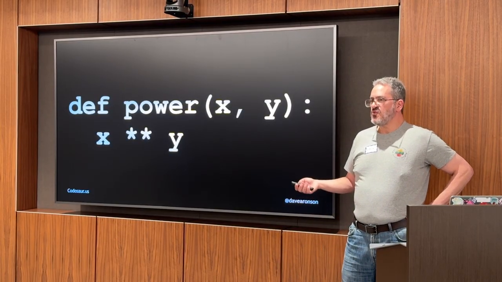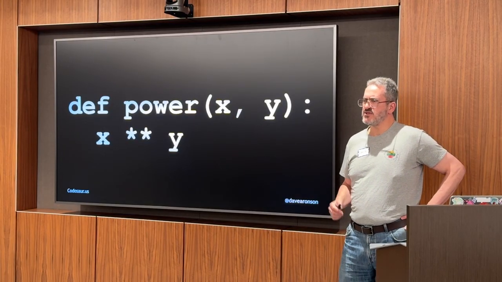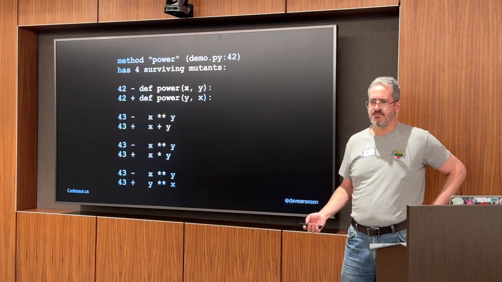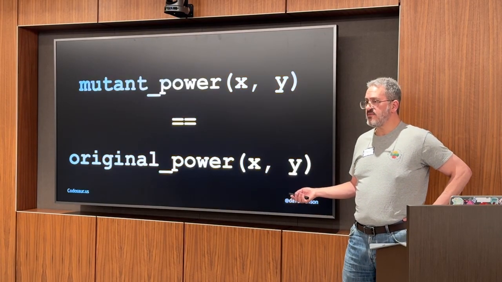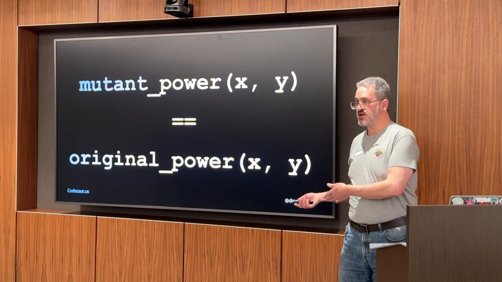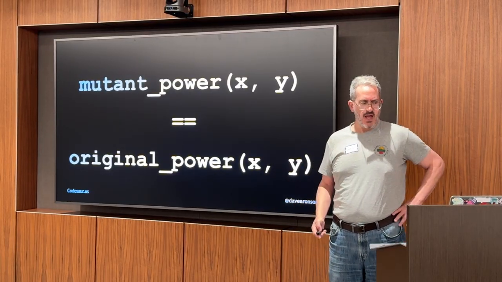So it's most likely a test gap. And the question now boils down to, how are these mutants surviving? The usual answer is that they return the same value as the original function, or they have the same side effect, whatever it is that our tests are looking at.